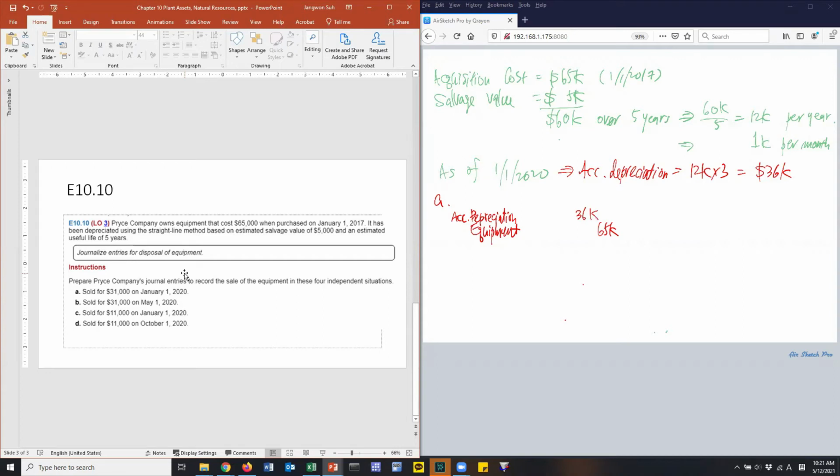Meaning the book value of the asset is $65K minus 36K, which is 29K, right? But how much did you receive? 31. Cool. We've received cash, 31.